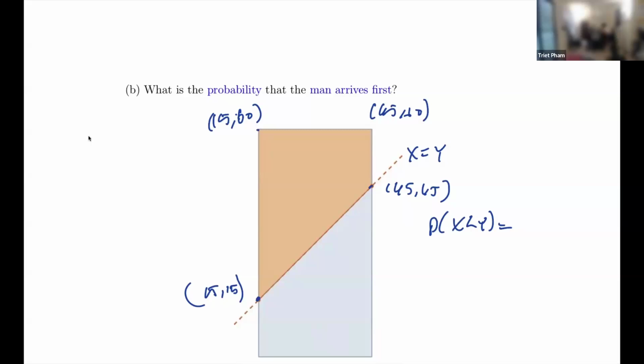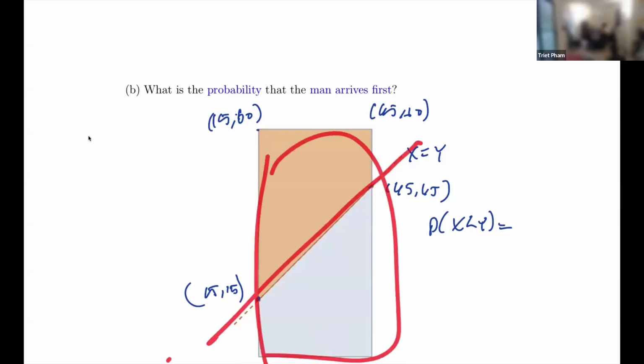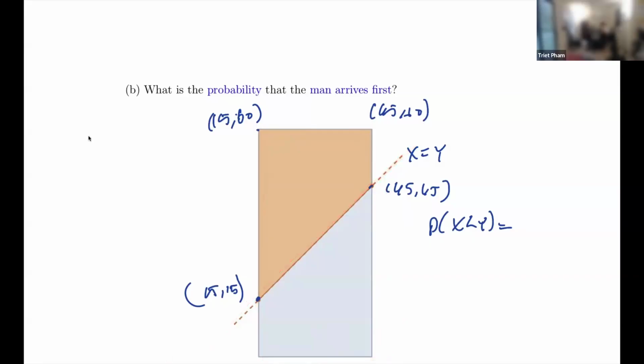Just because we slide a line x equals y here, it could be slightly off. So we need numbers to back it up. 60 minus 15 is 45, 45 plus 15, and then times this right here, which is 30, and then divided by 60 times 30. So yes, 1/2.